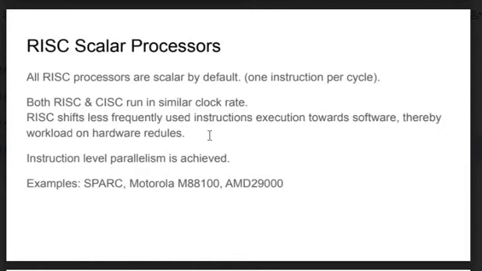When they explain RISC scalar processors, they take the RISC scalar processors in the market, individually like SPARC, Motorola, AMD, and they give a diagram of each processor, but in the examination no case study will be asked. So there is no need to study separately the SPARC, Motorola, or AMD 29000 processor diagrams, but in general we have to study the features of general RISC scalar processors.